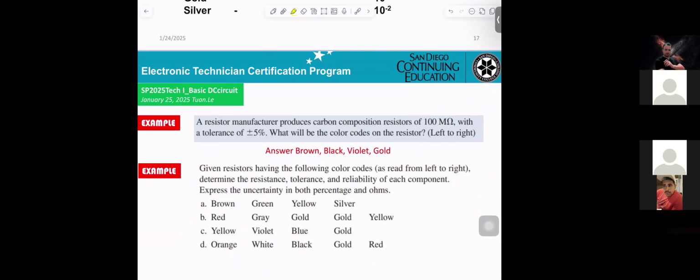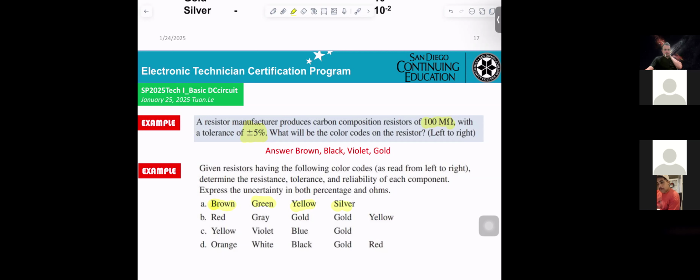Okay, let's see. A resistor manufacturer produces a carbon composition resistor, 100 mega ohm with a tolerance of plus or minus 5%. What will be the color code on the resistor? Okay. A, you get brown, green, yellow, silver. Then you have to tell them the value.